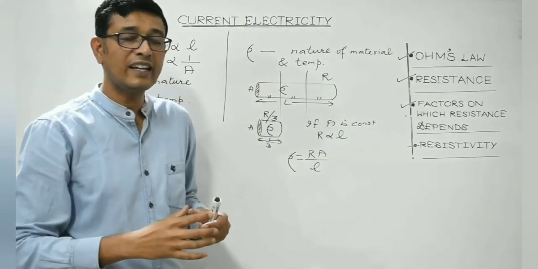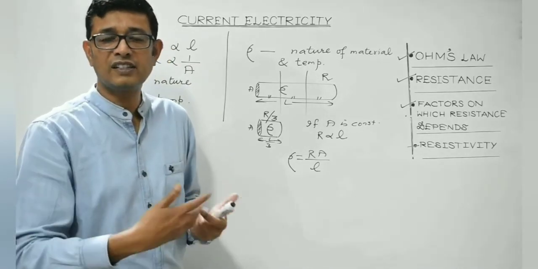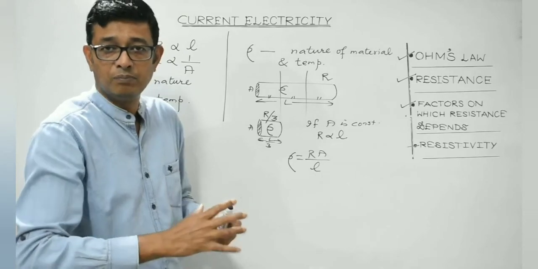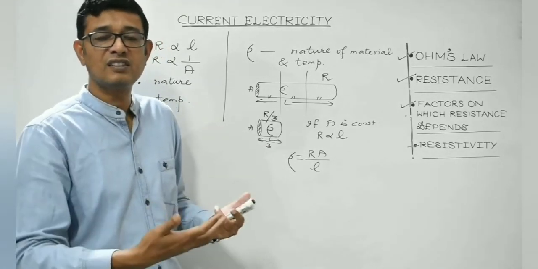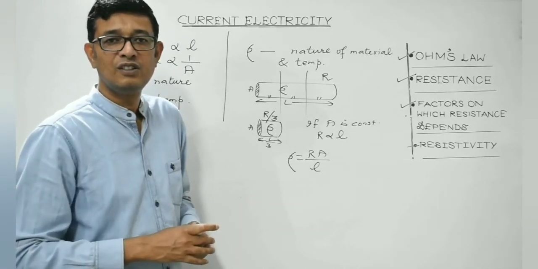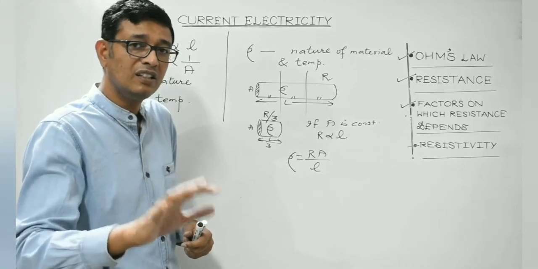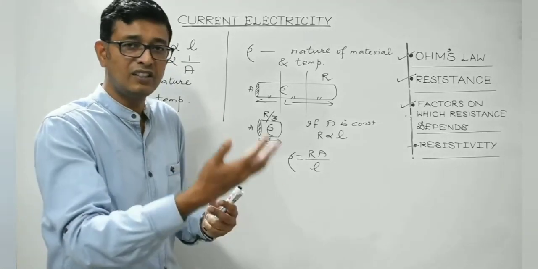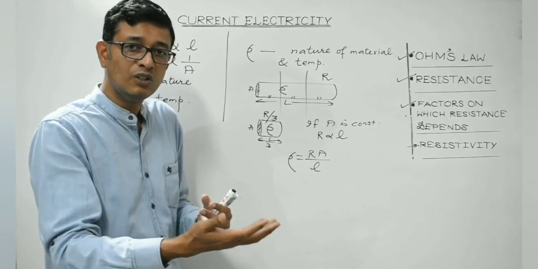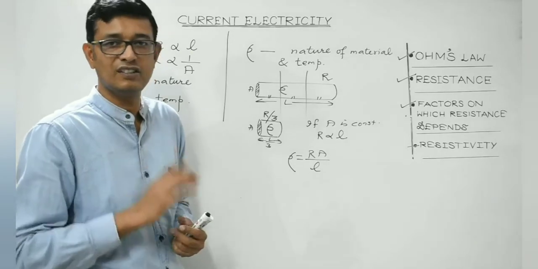That is, collisions take place more frequently. So obviously, more is the hindrance, more is the obstruction. So more is the resistance or more is the resistivity. So always remember, resistivity increases with the increase in the temperature of the conductor. So if the resistivity increases with the increase in temperature of the conductor, the resistance will also increase with the increase in the temperature. Right?